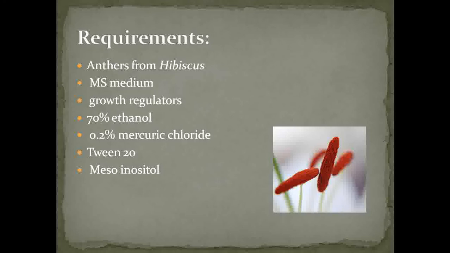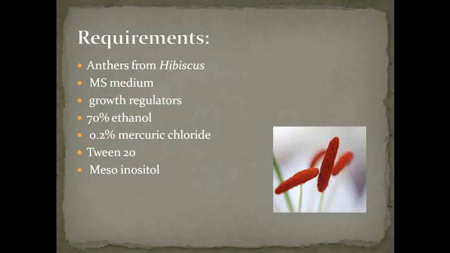One of the important steps in tissue culture is sterilization. In any tissue culture experiment, there is proper sterilization of glasswares, of the media that you have used, of the surface area on which you are going to work, and of the explant.